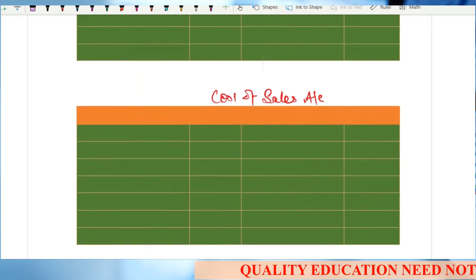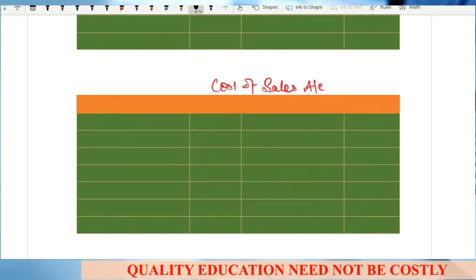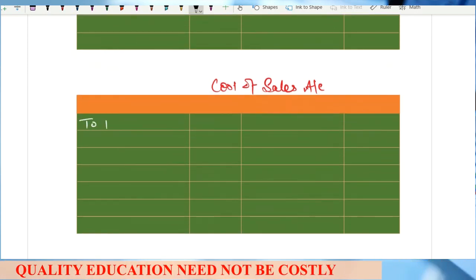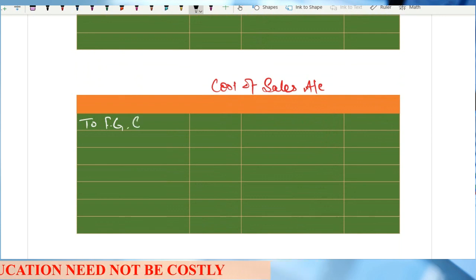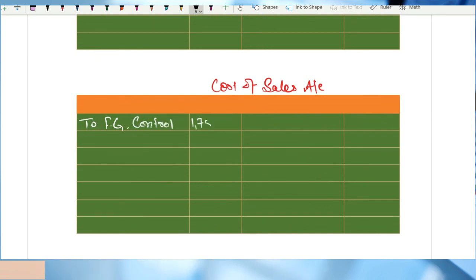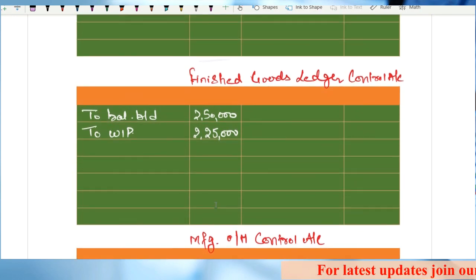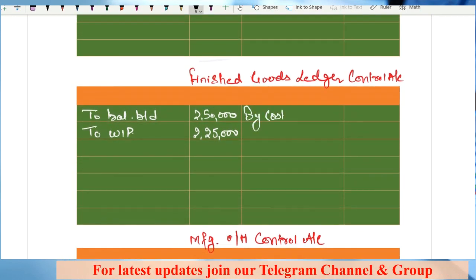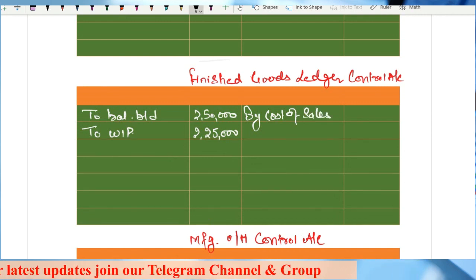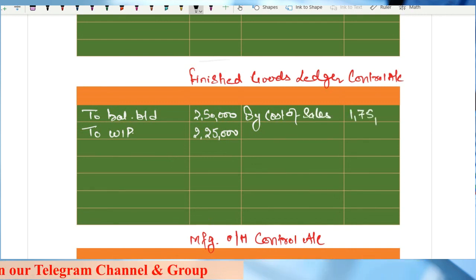So in the cost of sales, I will write to FG control, right, 1,75,000, and in the finished goods account, I will write by cost of sales, 1,75,000. Clear? Any doubts?